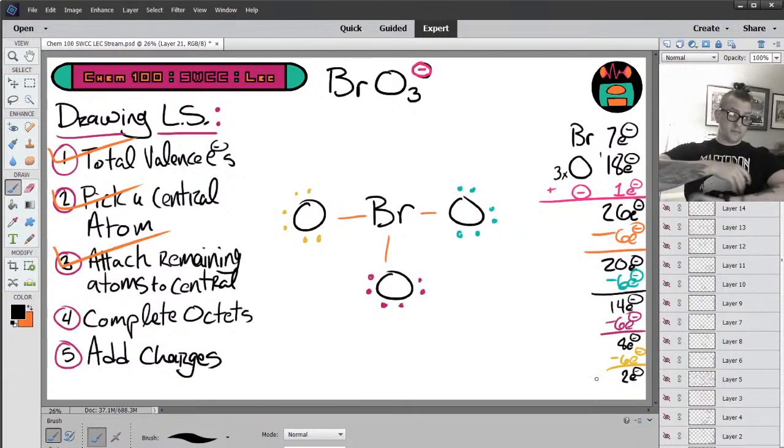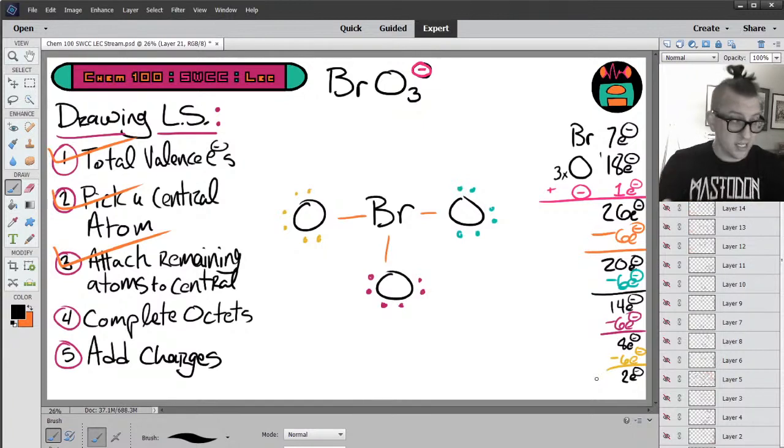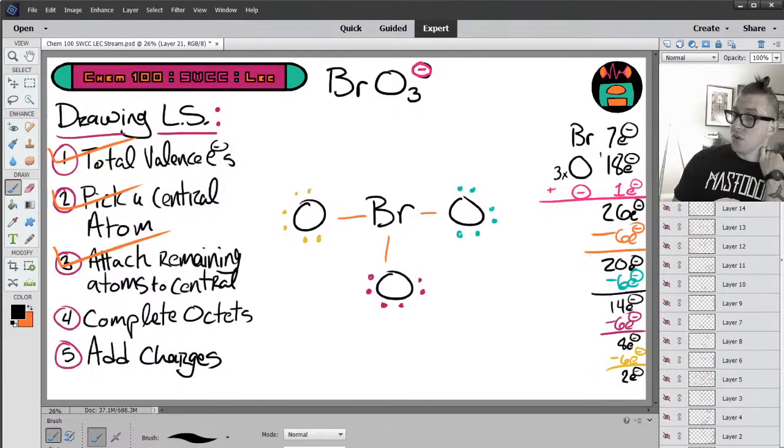And look at bromine. In this structure, bromine has 3 bonds. That's access to 6 electrons. It wants 8. So it needs 2 more electrons, and we have 2 more electrons in the budget. So that is our Lewis structure, well, with completed octets.